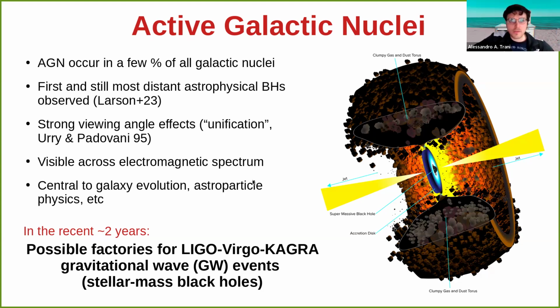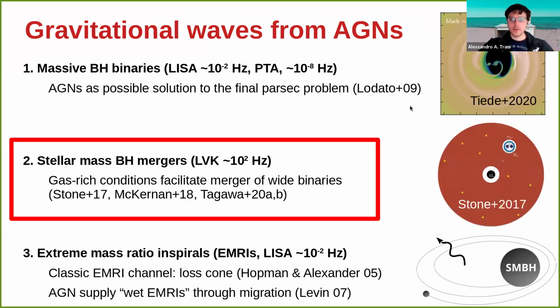And in the last couple of years, they have been proposed as factories for gravitational wave mergers of stellar mass black holes. So not the supermassive black hole at the center, but stellar mass black holes that live in the neighborhood. Actually, this is not the only channel. AGNs have already been proposed as a source of other kinds of gravitational waves, especially in the LISA band and also in the PTA band.